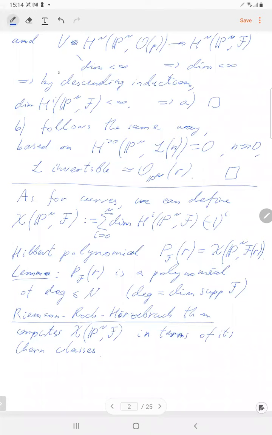But you know the notion of Chern class for say vector bundles, but can it be extended to any coherent sheaf? Absolutely, yes. That's what probably Grothendieck did in his early days, because the Chern character is additive, right? And so it extends to the K group, the Grothendieck group.